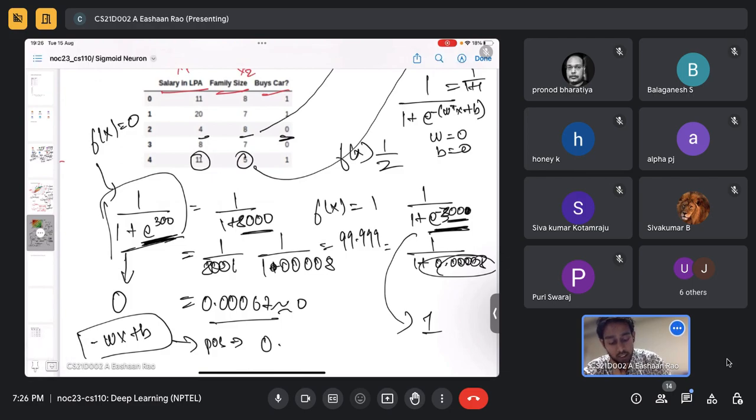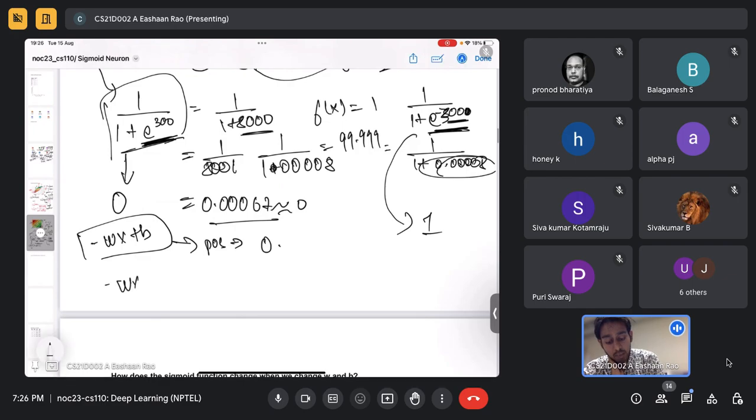And if wx plus b gives a negative value, the whole equation of f(x) is closer to 1, right? But we want to know how the importance of w and b will affect us.